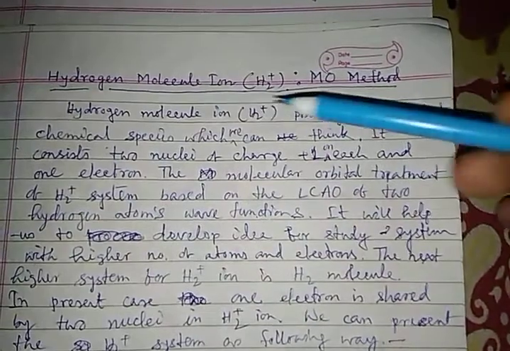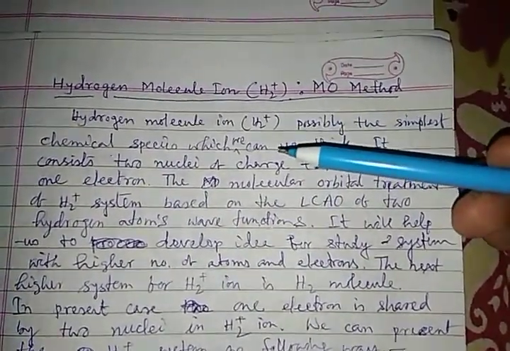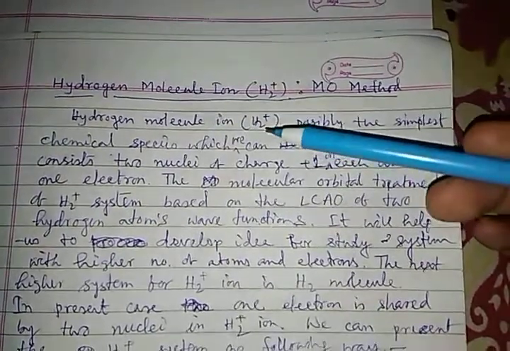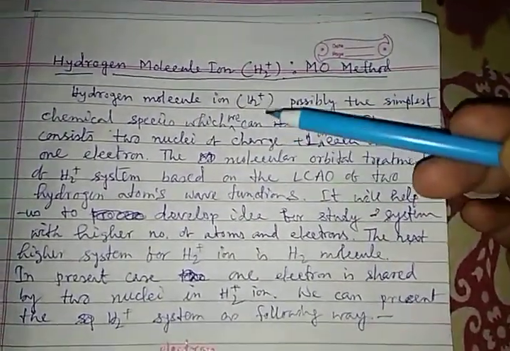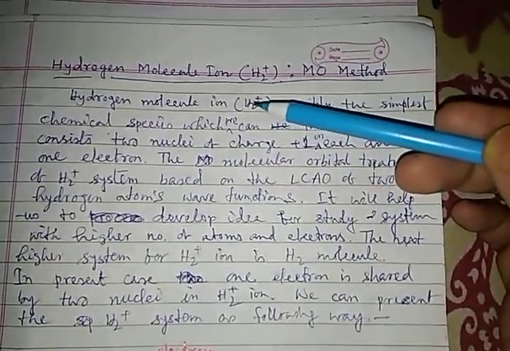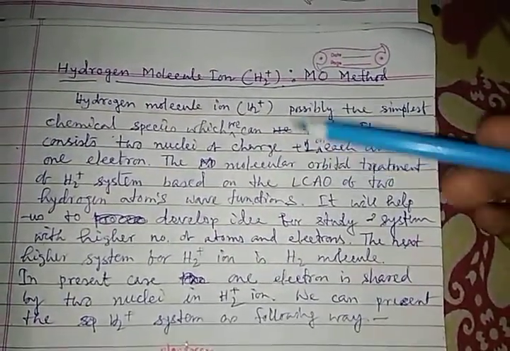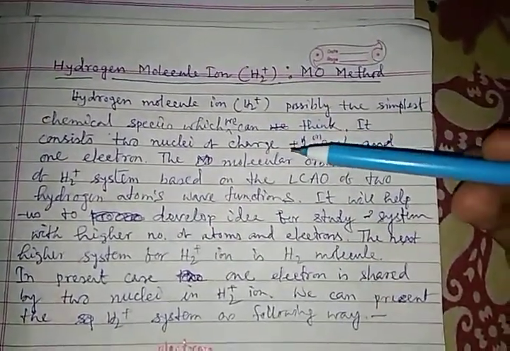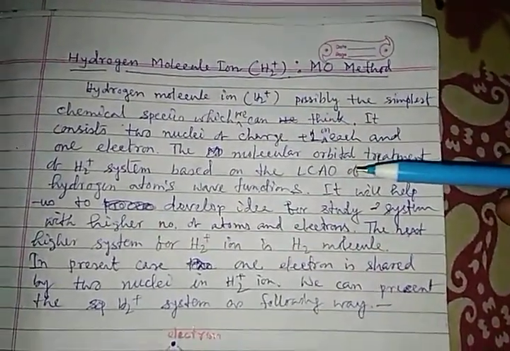We think that this is one of the simplest molecular systems, which has two atoms of hydrogen, and each atom has a nuclear charge of +1 and one electron. These two nuclei share only one electron.